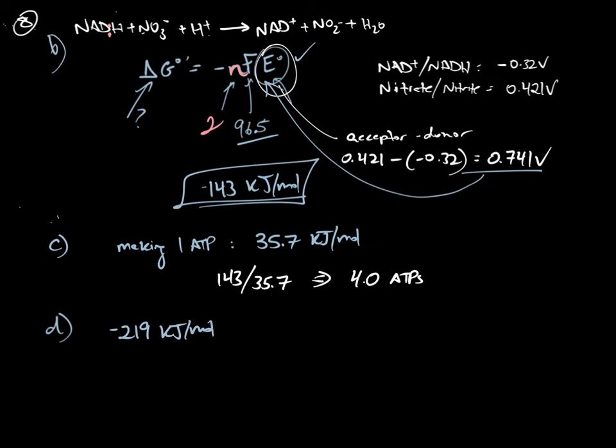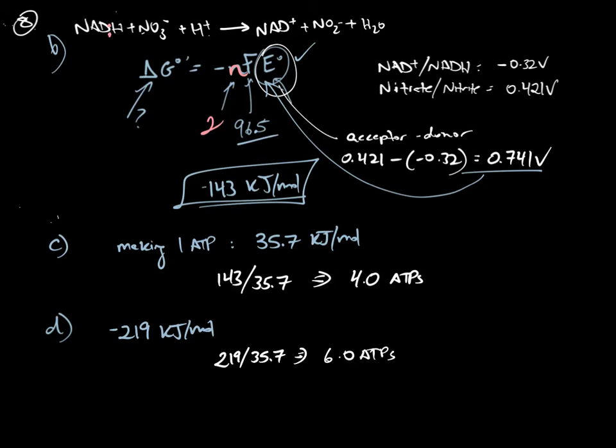That's the delta G for the reaction if it were by O2. So now it's asking, what is the theoretical number of ATP molecules that you can make? Again, it's a very simple calculation. You just do 219 divided by 35.7, and you would get around 6 or 6.1 ATP. So I'm just going to put 6.